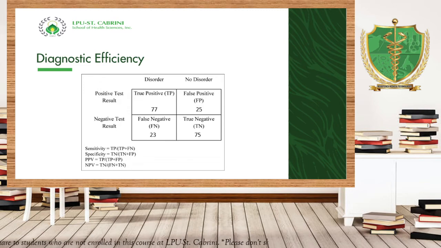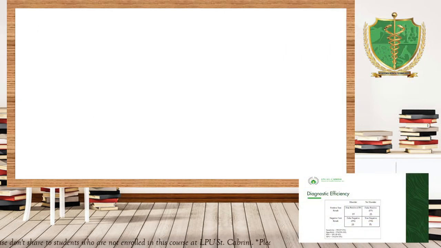Okay, example natin. Example, true positive for a certain disorder is 77. False negative is 23. False positive is 25. True negative is 75. So we are going to compute for the sensitivity and specificity of these test results. Let's compute first for the sensitivity. Sensitivity is TP over TP plus FN.